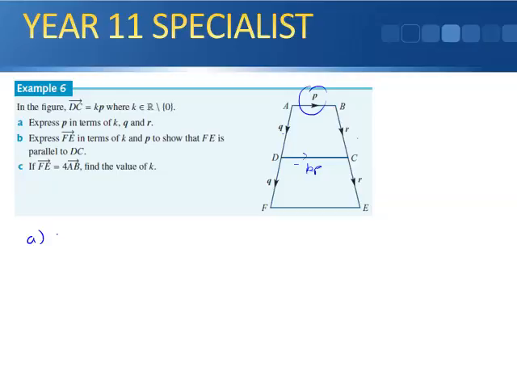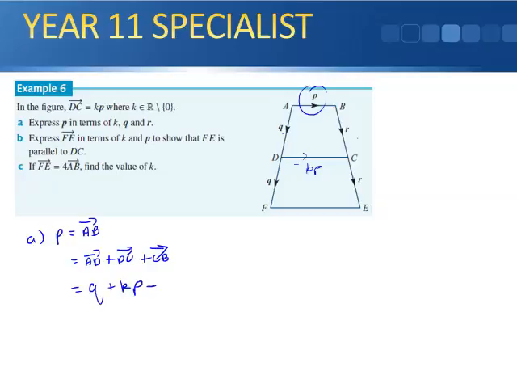Okay, so P is equal to A to B. And A to B equals A to D plus D to C plus C to B. A to D, I know that's Q. D to C, they give it to us, it's KP.